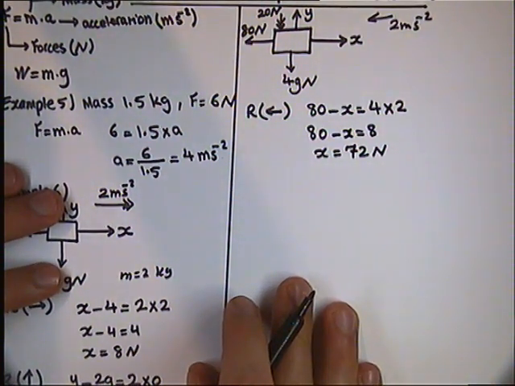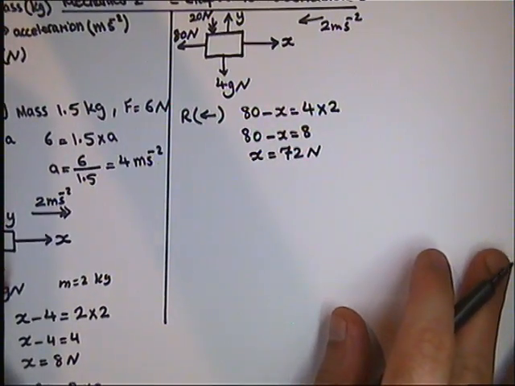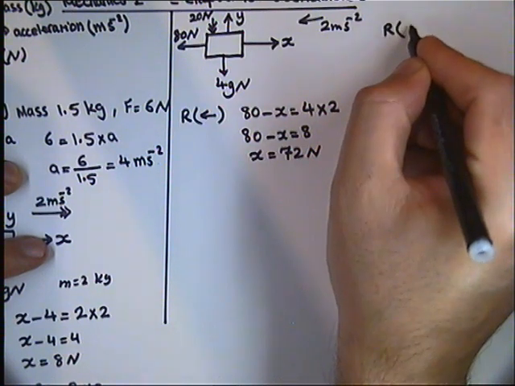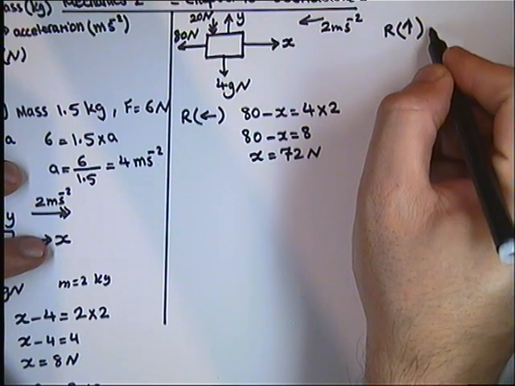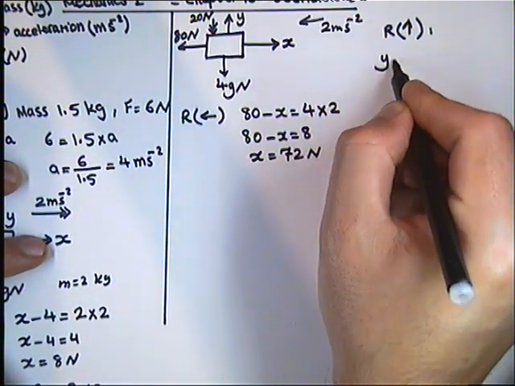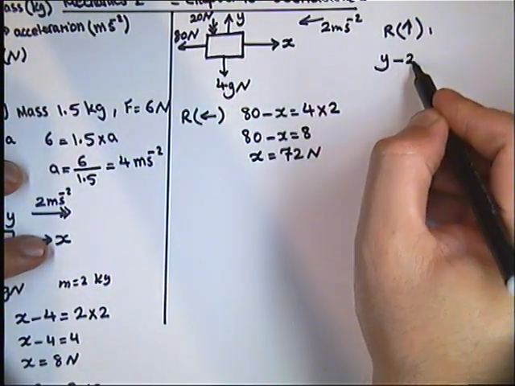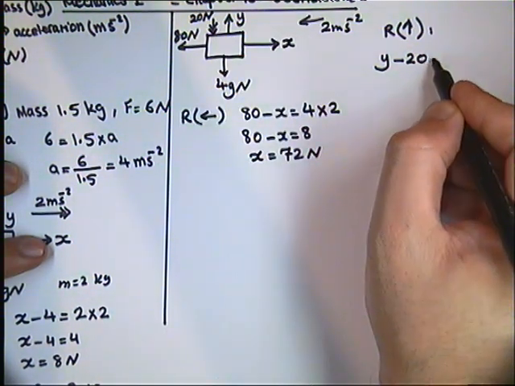And the forces up or down. In a very similar way, we know that the particle is not moving up or down. Therefore forces upward or downward: y minus 20 Newtons downward. As we take upward as positive, downward should be negative.